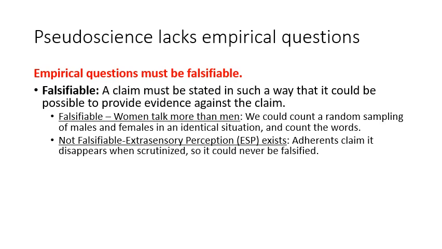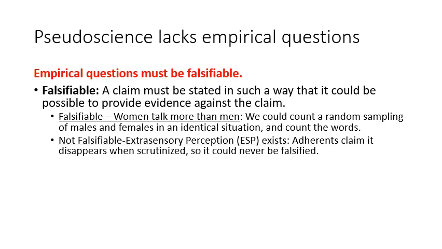The statement is women talk more than men. So we don't know if this is true, but we could demonstrate. We could find out, couldn't we? We could take males and females, put them in an identical situation and count how many words the men spoke and how many words the women spoke, and then compare those numbers using a statistical test.